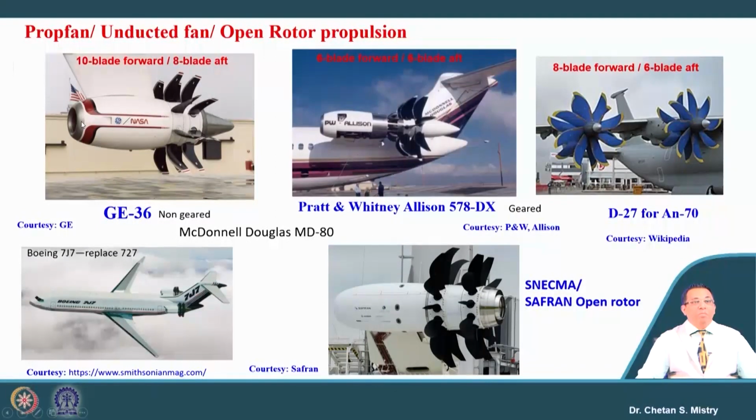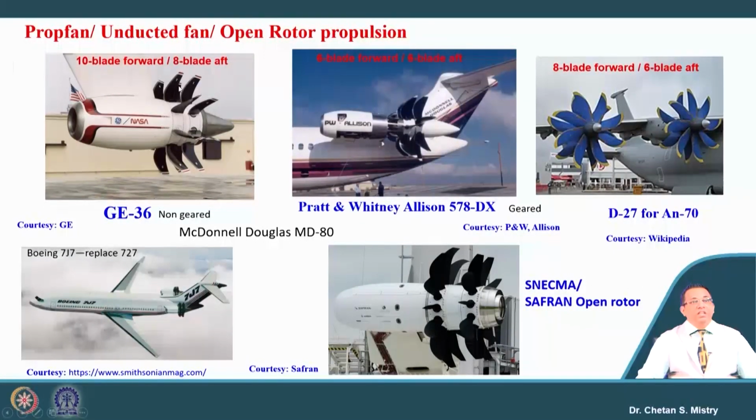We discussed the puller kind of configuration and the pusher kind of configuration. For a turboprop engine, if our propeller is placed in front of our intake, then it is a puller configuration. When it is placed on the rear side of the intake, it is called a pusher configuration.